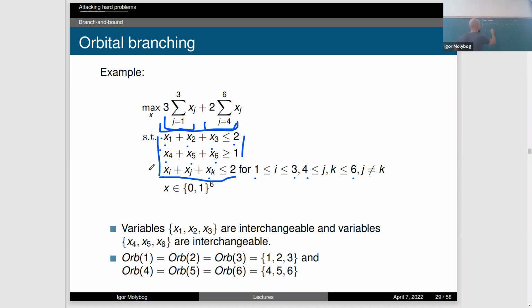So we're writing down the maximization of 3 times the summation from j equal to 4 to 6 of xj, plus 2 times the summation from j equal to 1 to 3 of xj, and then we write x4 plus x5 plus x6 being less than or equal to 2, and then x1 plus x2 plus x3 being greater than or equal to 1.